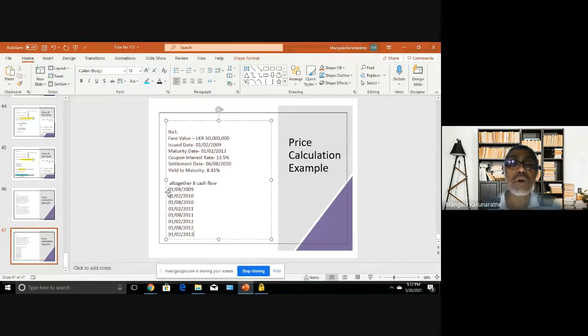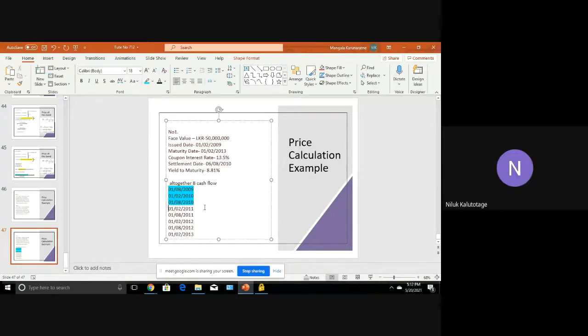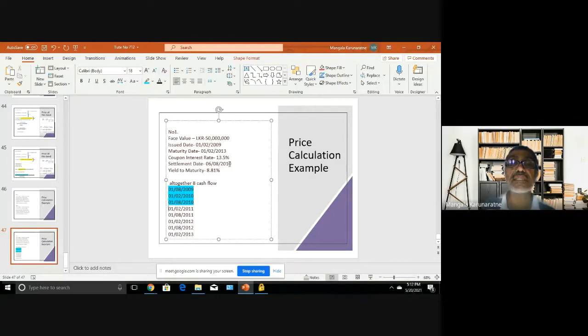So all these 3 cash flows have already gone. Now we have only 5 cash flows in the future. Everybody understood? Because our settlement date is this, 6/8. This is the settlement date.